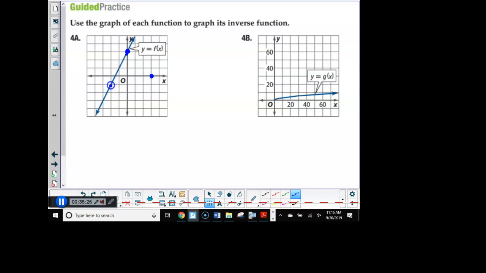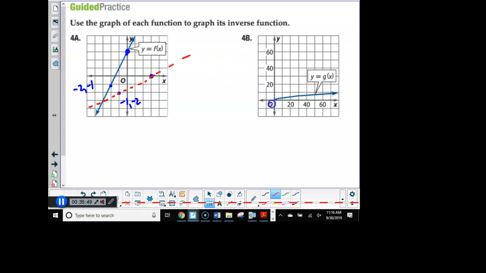And like this one was -2, -1, so it's going to go to -1, -2. You don't change signs, you just reverse the ordered pairs.